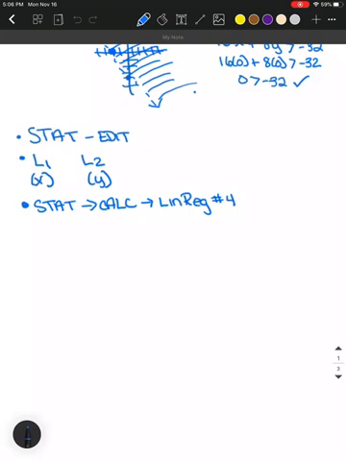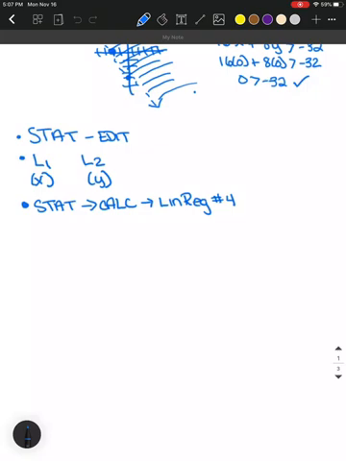So what we're going to do, stat edit, so L1, I'm going to put all of my Anchorage data in there. So that's 15, 19, 26, 26, 47, 54, 58, 56, 48, 35, 21, and 16. That's going in L1.